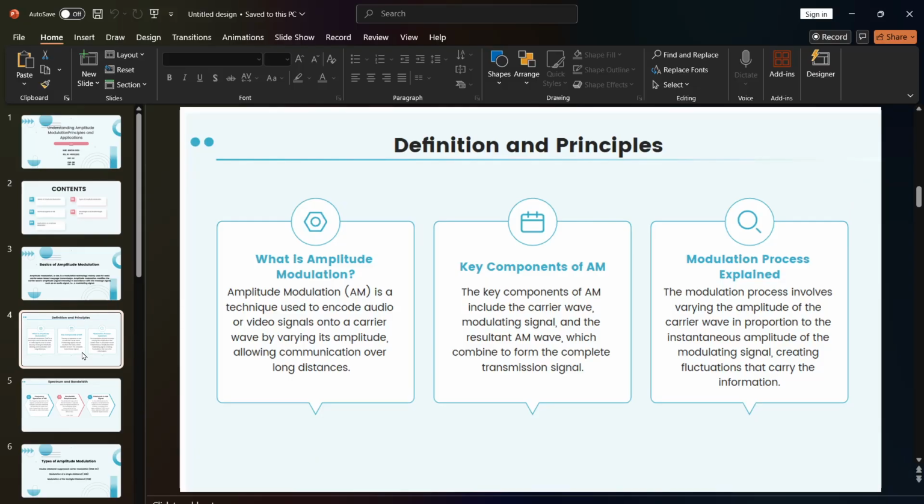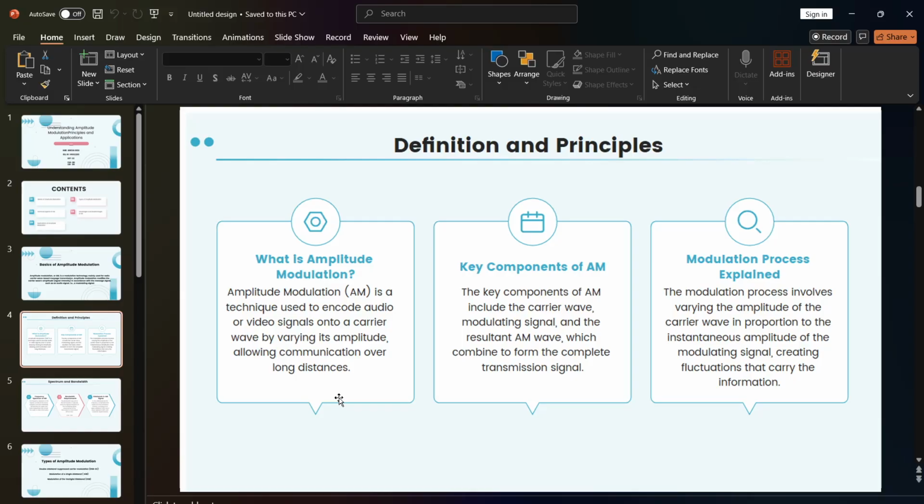So, definition and principles. As we have come across what amplitude modulation is, it consists of many subcomponents such as the carrier signal oscillator, low power amplifier, an antenna, final amplifier, modulation device, and so on.